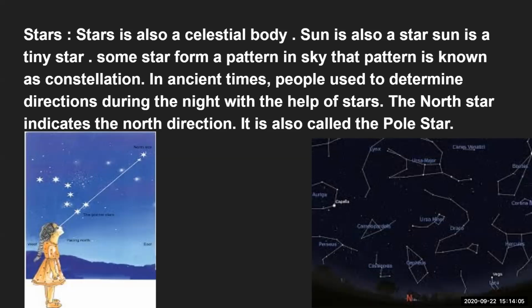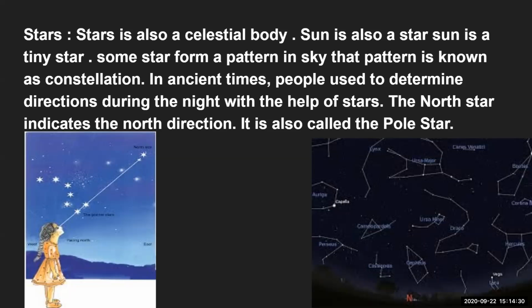And in ancient times, people used to determine direction during night with the help of stars. Many years ago, when there was no transport, nothing, people used to determine direction with the help of stars. How? There was a star known as the pole star.